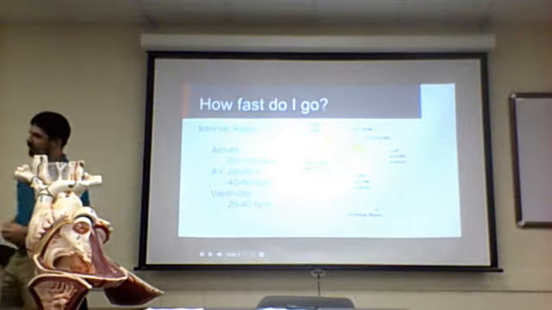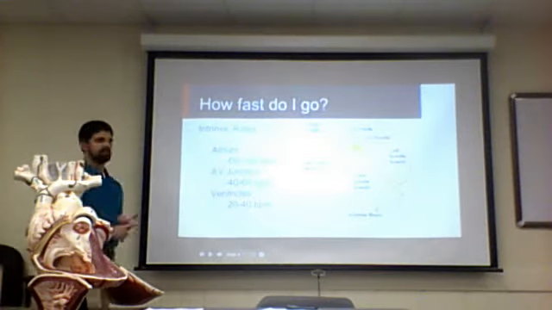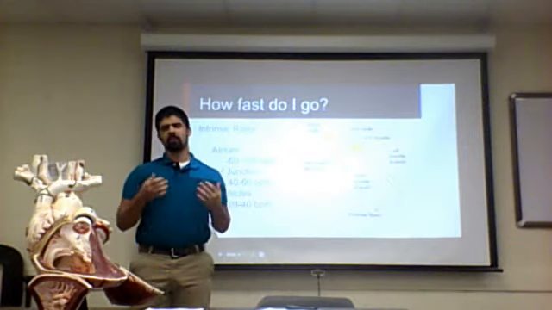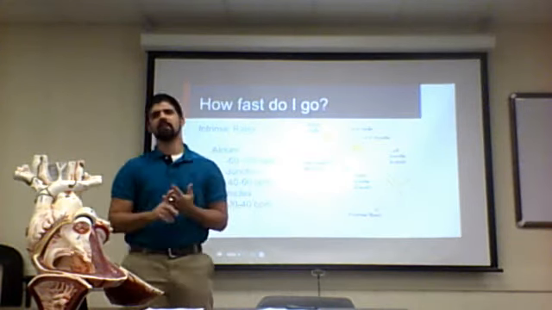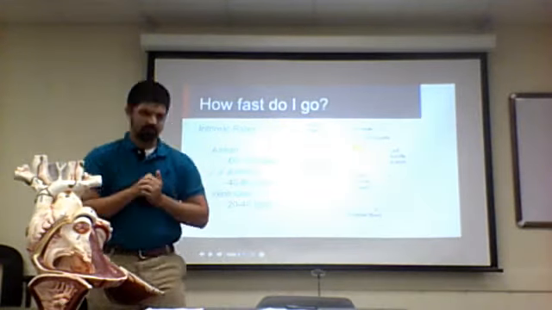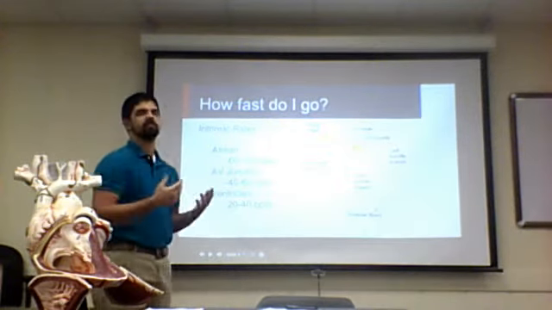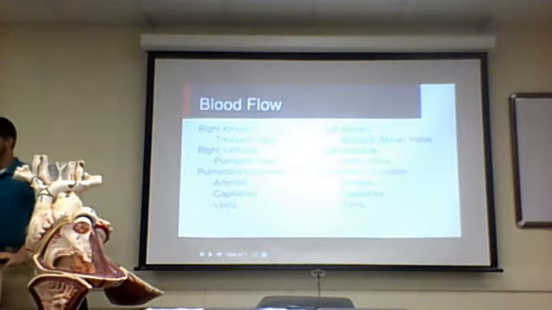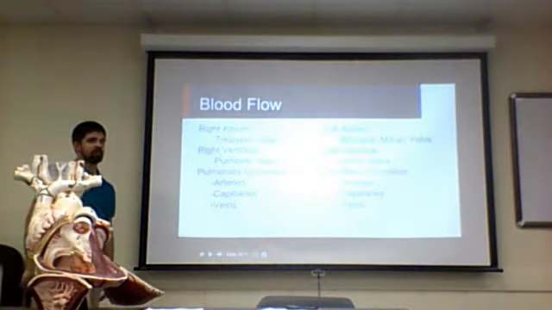So, alright, we've covered what the cardiovascular system is for, what it does, the parts, the anatomy. We've covered electrical, how it pumps, how fast to go. What's left? Blood flow.